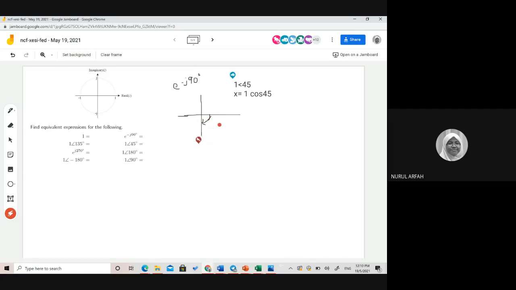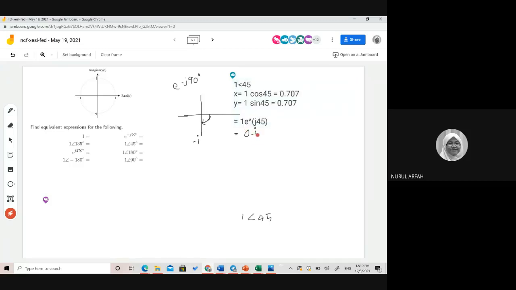Okay, with 90 degree. Okay, this is correct. And what is this one in terms of rectangular? All right. Don't wait for your friends here. You can just draw one with 45 degree. Okay, good. 0 minus J. Yeah, very good.